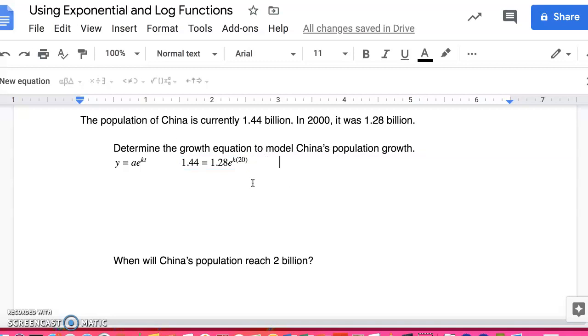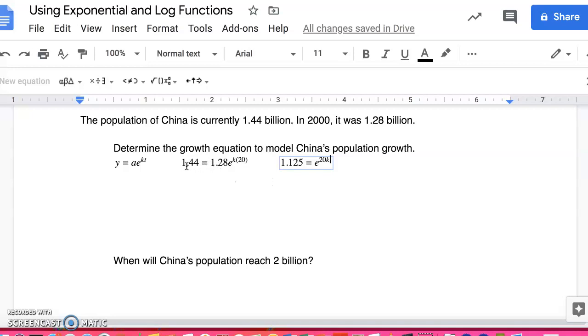And this solves the exact same way as the other one. So we start by dividing 1.44 by 1.28. And that's 1.125. So 1.125 equals e to the power of 20k. Just going to flip those around to make it look sort of normal. Right, so I just divided 1.28 on both sides.